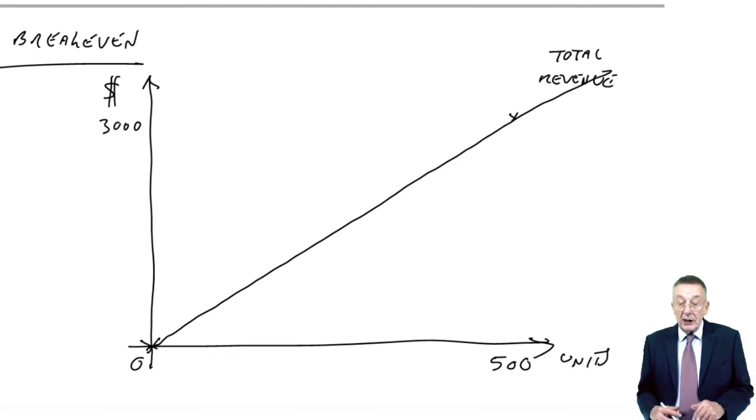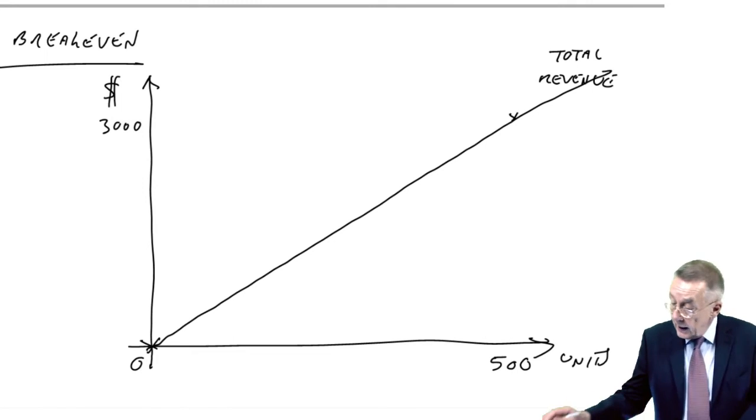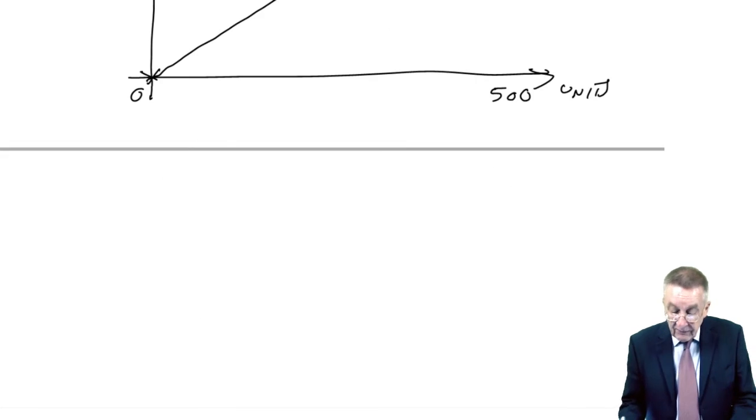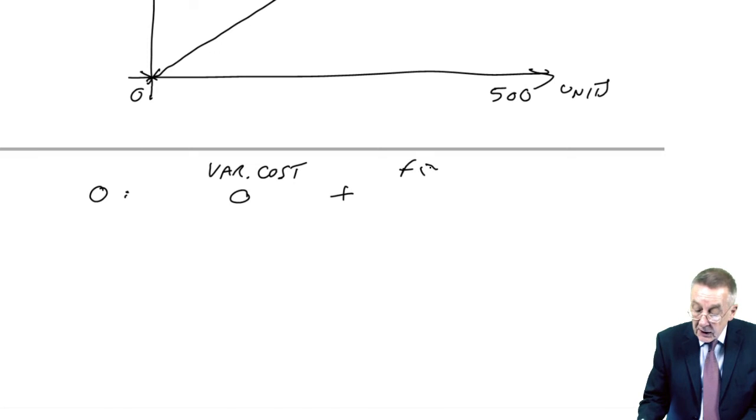What about the costs? Well, now then, I've got some workings. If we sell no units, then of course the variable cost in total is 0, but there's a fixed cost, whatever happens, of 1,000.